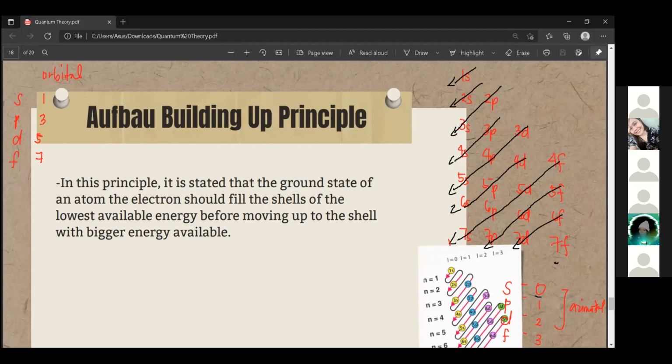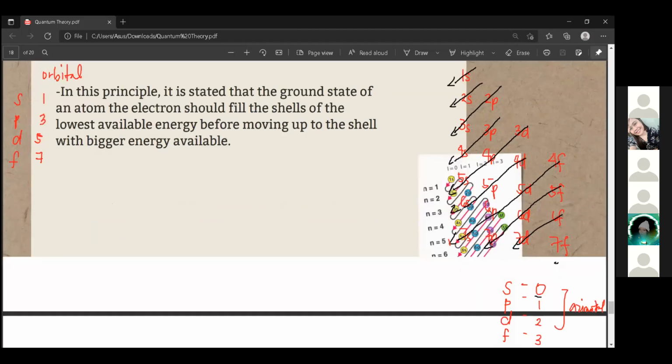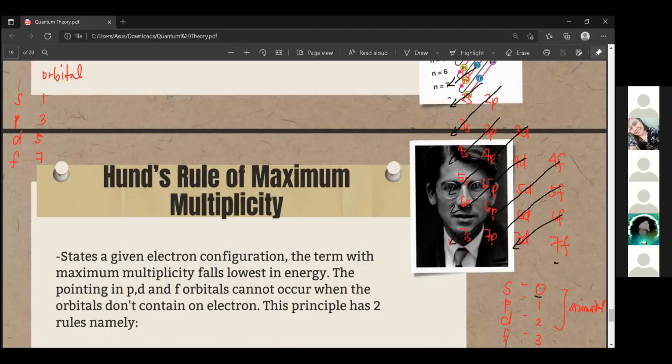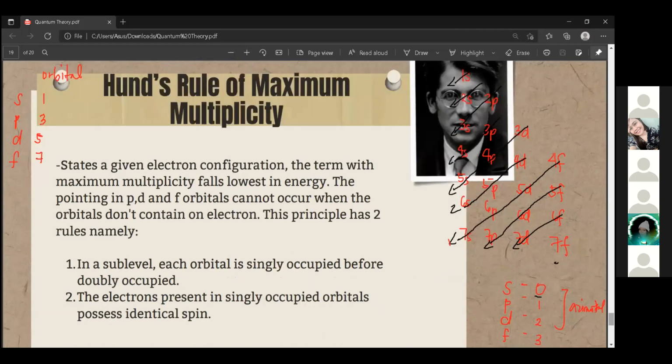Okay, next, please. I think the last one is the Hund's rule. Tama? Yeah, that's the Hund's rule of maximum multiplicity. Actually, if nag-remember ko Hund's rule class, I'm actually thinking of my hands. I have 2 hands. So, ang akong ma-remember sa Hund's rule, since I have 2 hands, ang orbital daw will fill singly first before sila mag-double.